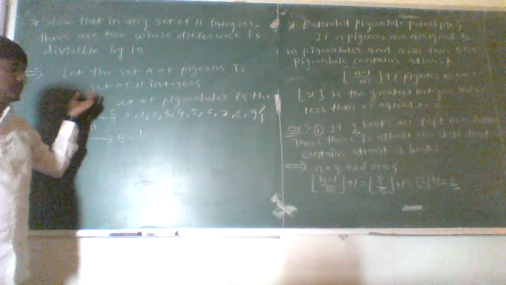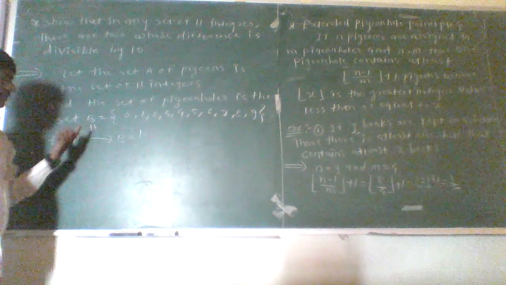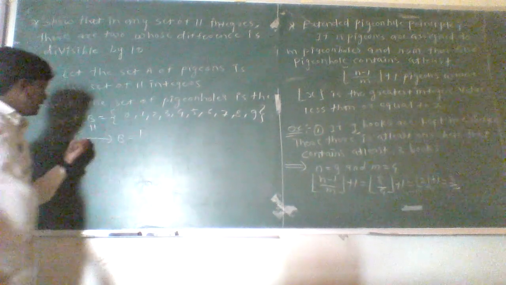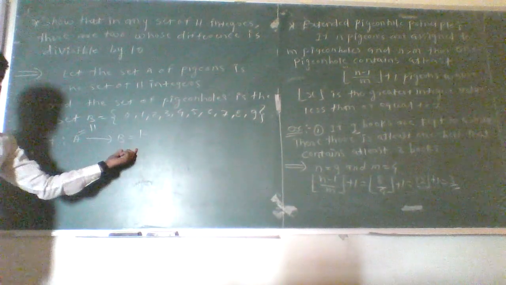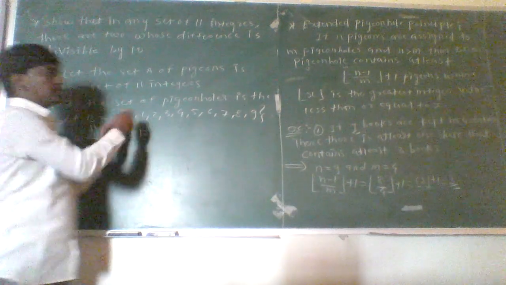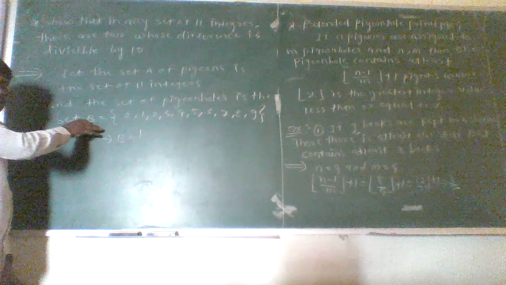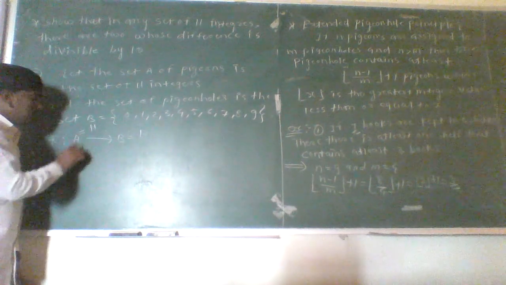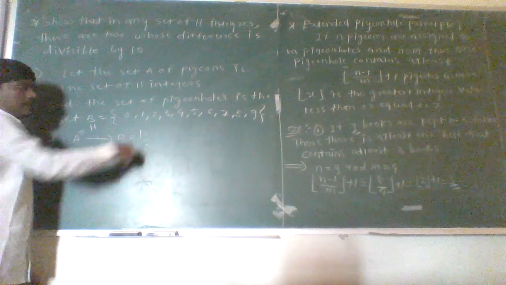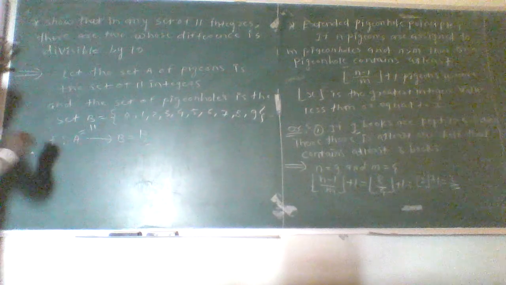Then the previous pigeonhole principle says that if there is a function from a finite set A to a finite set B and the cardinality of A is greater than the cardinality of B, then there are at least two elements in A which have the same image in B. Therefore, if we take any 11 integers, there are at least two numbers whose difference is divisible by 10, from the previous principle.